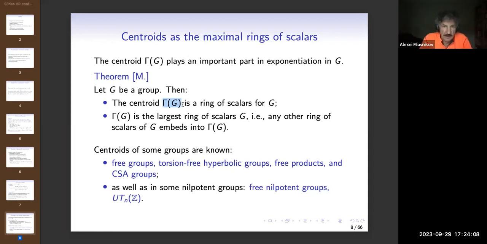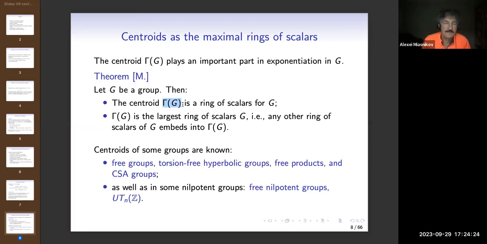For example, in the free group, they are related. Instead of endomorphisms of the integers, you will have endomorphisms of the ring R, but otherwise it's the same structure as a ring.